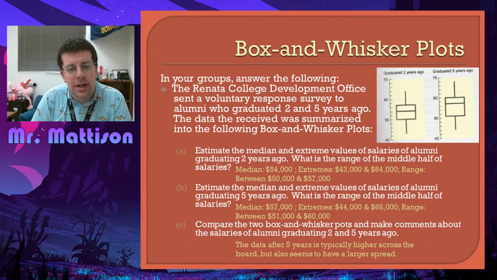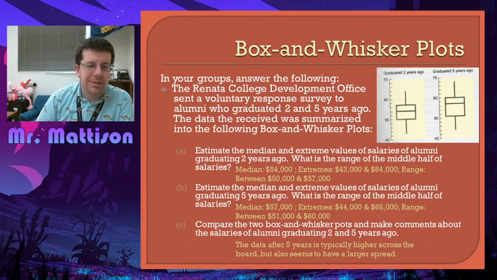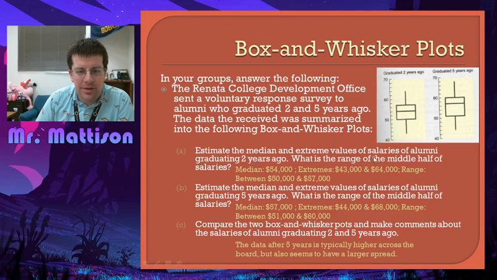Okay, so if we try and estimate the median and extreme values of salaries of alumni that graduated 2 years ago, so that's this first box here. Our median looks like we're at about 54,000. Our extreme values, we're bottoming out here at like 43 and maxing out here at maybe 64.